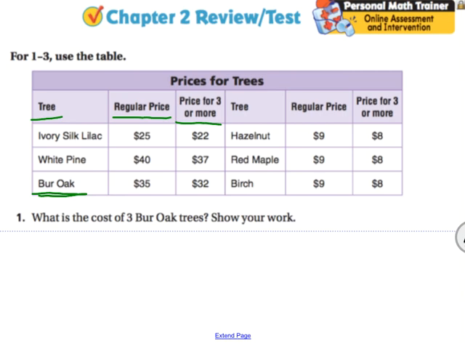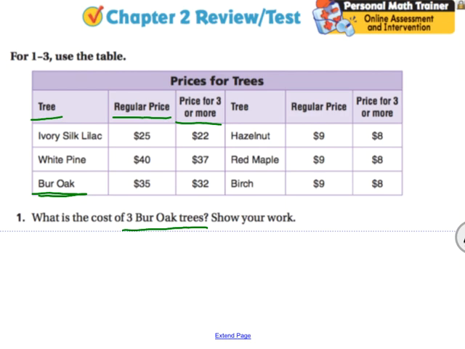So I noticed that in question 1, I need to find out the cost of 3 bur oak trees. Okay, so I'm not going to use the $35 price. I'm going to use the $32 price. Why? Because I am buying 3 or more. So I will do $32 times 3, since I'm buying 3 of them.